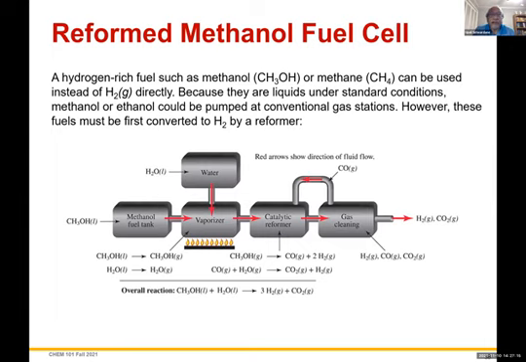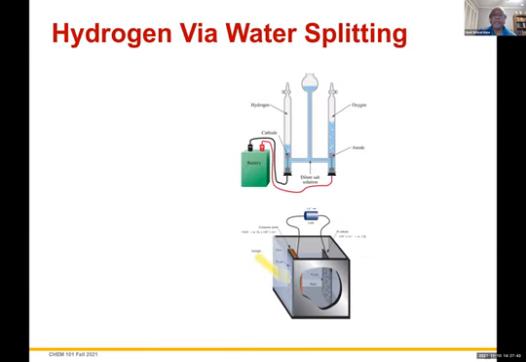You have natural gas, heat it up with water in the vaporizer, then produce hydrogen and send it to the fuel cell, but it still produces carbon dioxide here. So that is a drawback of reformed methanol fuel cell technology. Direct use of hydrogen is the best.